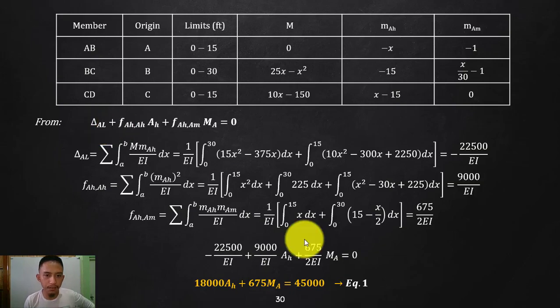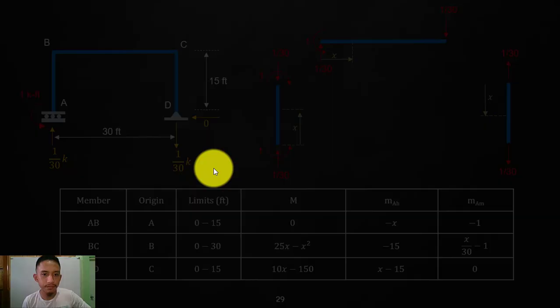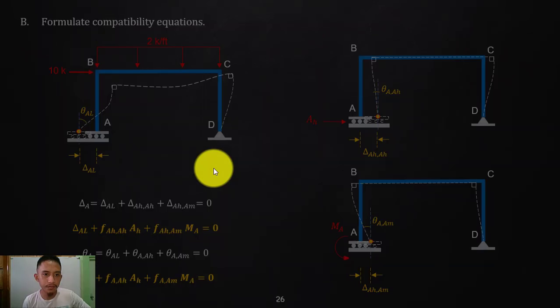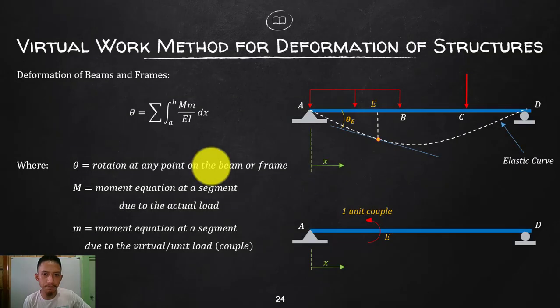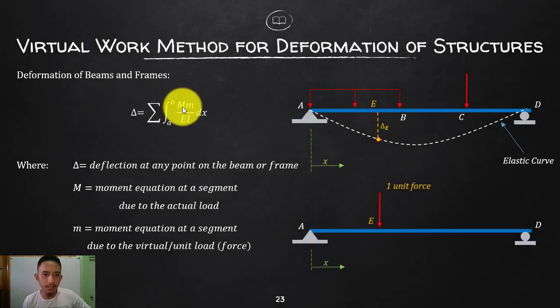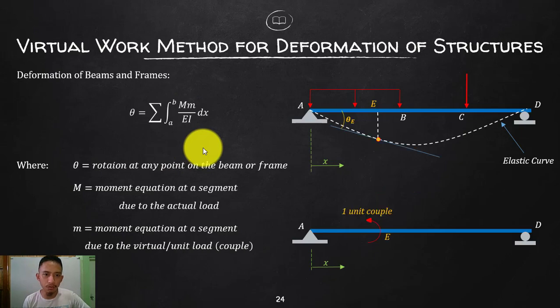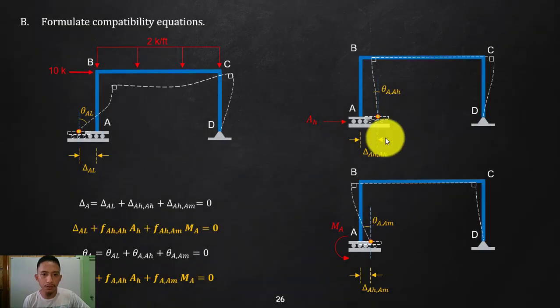So again, if you go back to my discussion, deflection is the moment equation due to the actual load multiplied by the virtual load moment. However, we have two moment equations of virtual loading. So I will explain which one we are going to use.